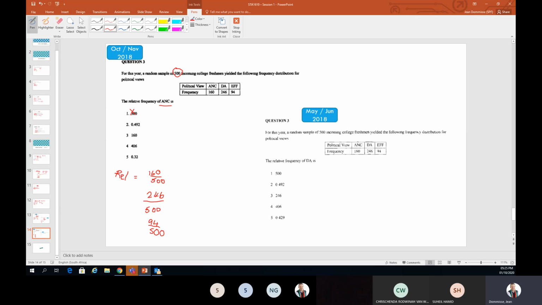We need to work out the relative frequency of ANC. So let me get my calculator. It would have been 160 divided by 500, which will give us 0.32.